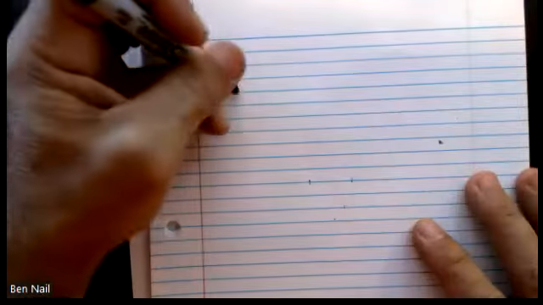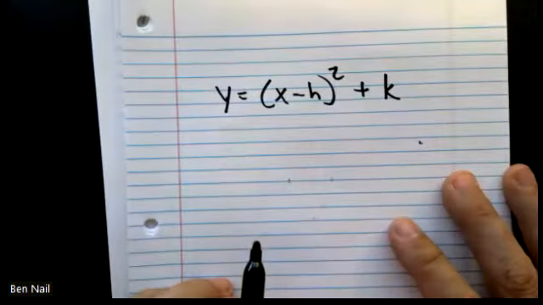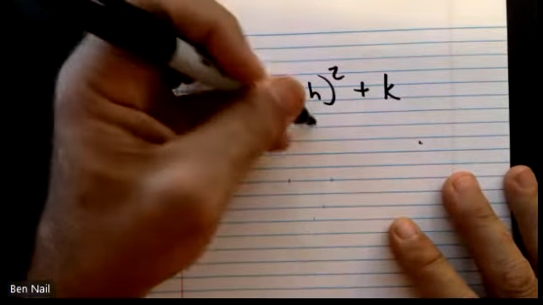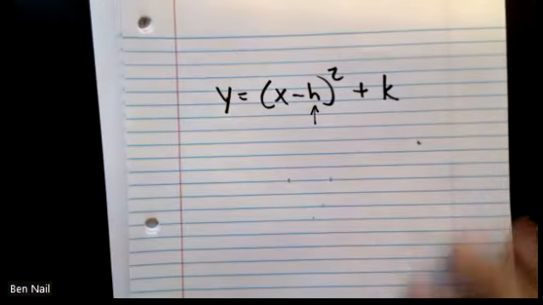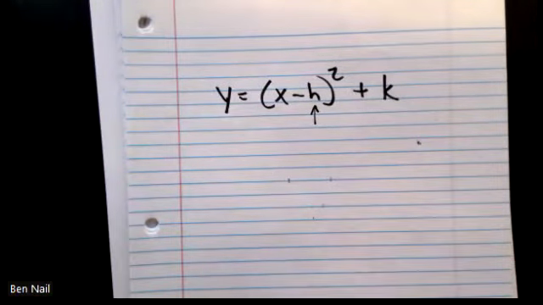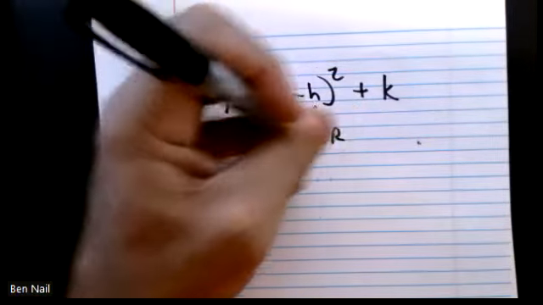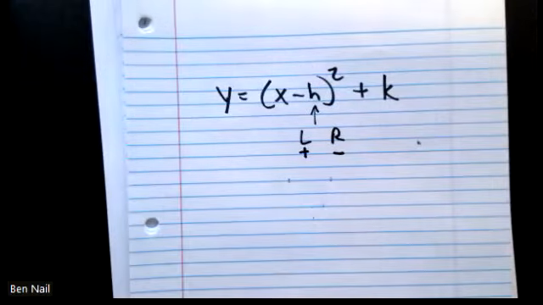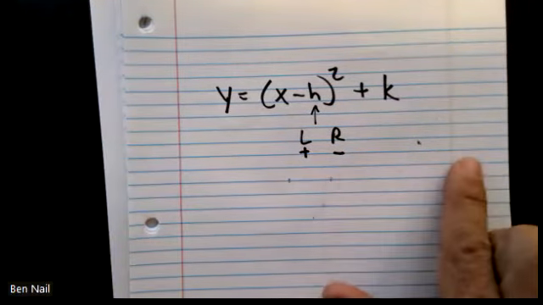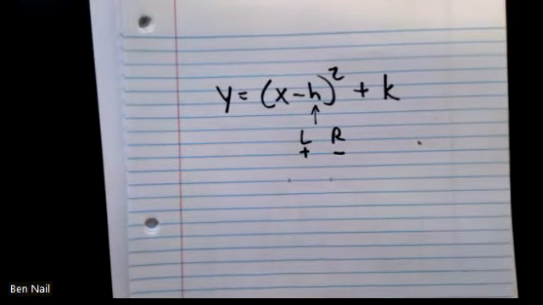So again, it's kind of the same thing. Okay, anything you add or subtract inside of the squared moves you left and right. And again, it moves kind of backwards to what you would think. Negative will actually shift you to the right. Positive will actually shift you to the left.